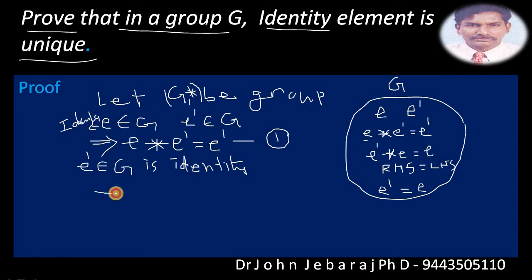Then E is now any element belonging to G. So E dash star E should give E, because E is any element and E dash is the identity element. The image of E under E dash by the binary operation is the same element. This is equation number 2.